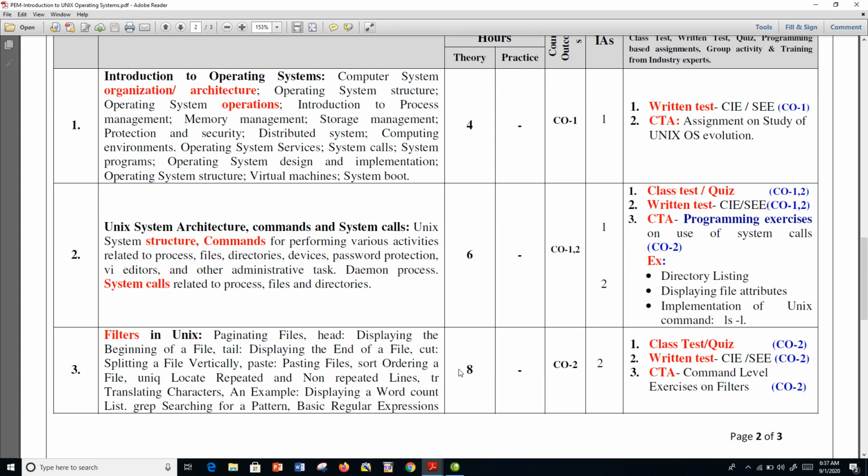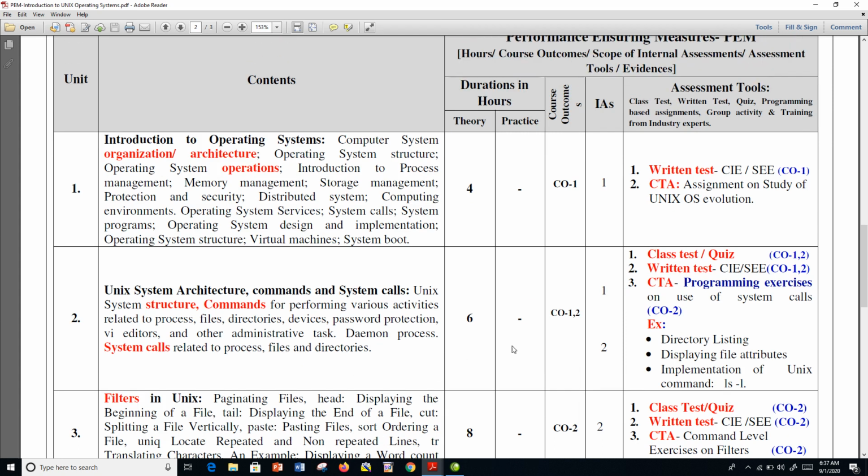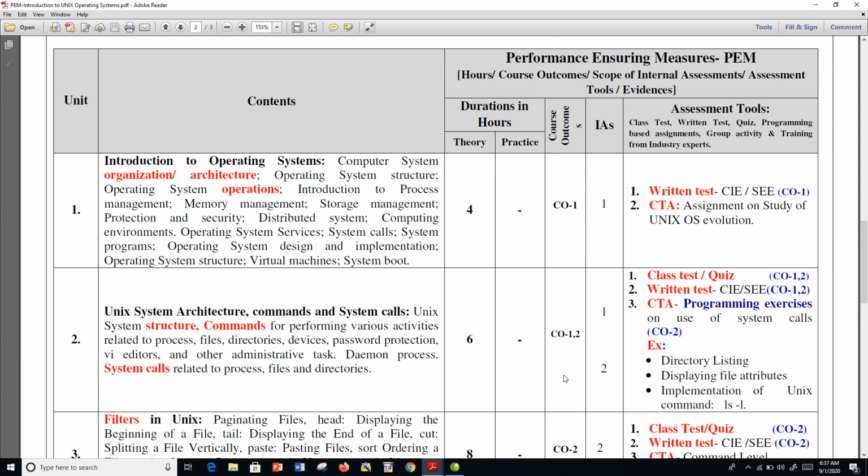The first two chapters, and part of chapter two, are focused on internal examination one. This is the course plan. Due to the online classes, we don't have any specific course plan. The course plan is integrated as part of our syllabus, and we call it the performance ensuring measures, or PEM, model of syllabus.